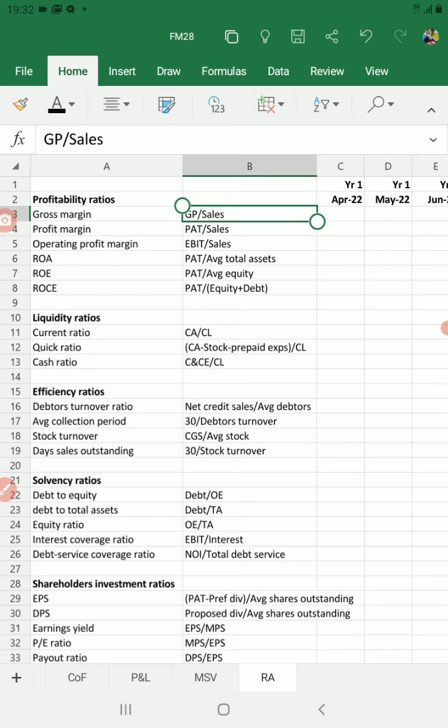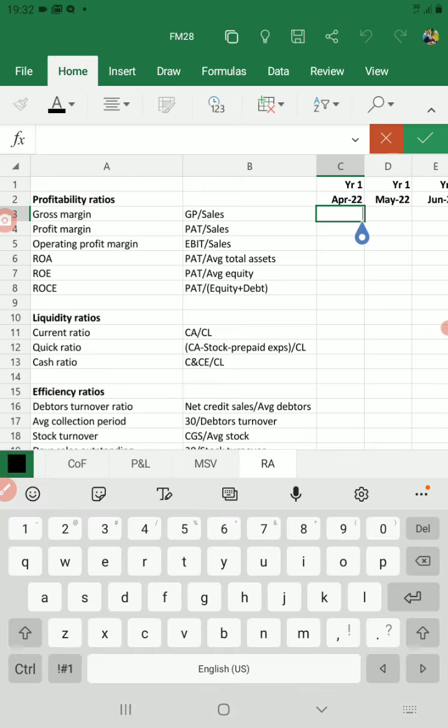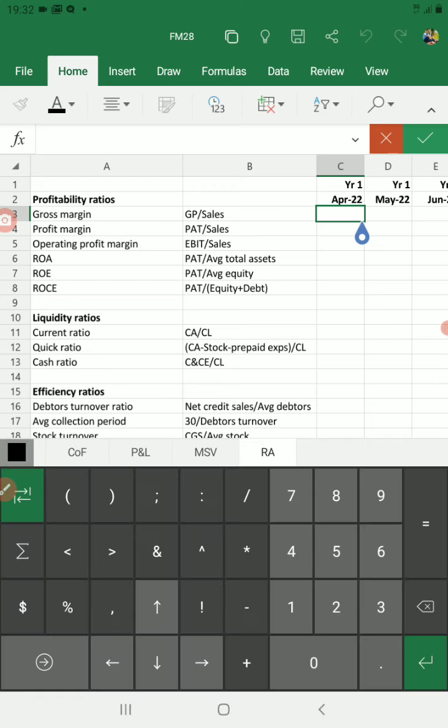So in this case here, in April, we put the formula there, gross profit divided by sales. So I start with equal sign, and then the gross profit.